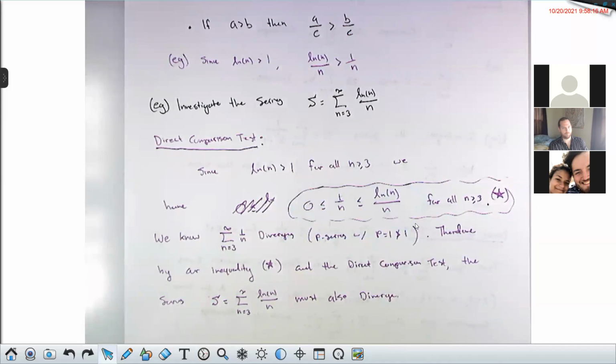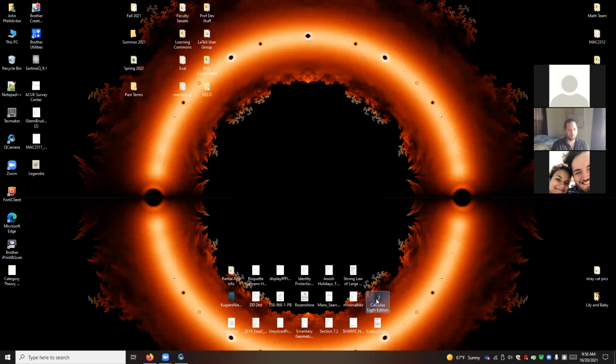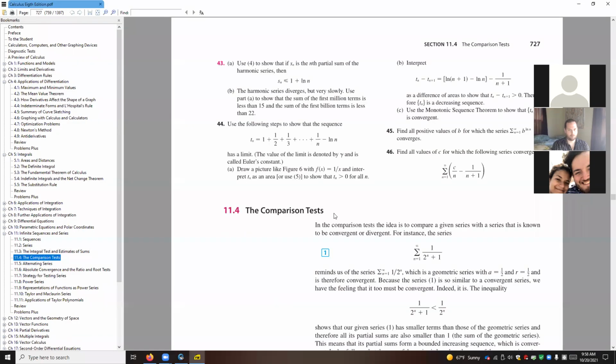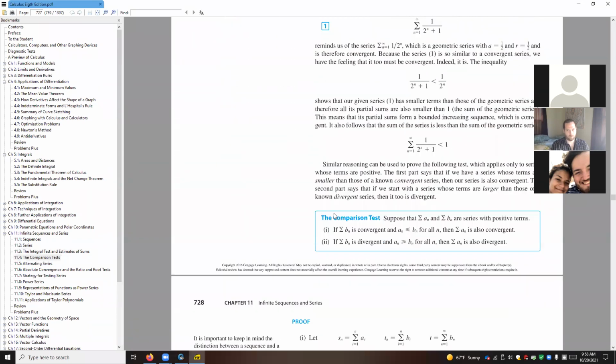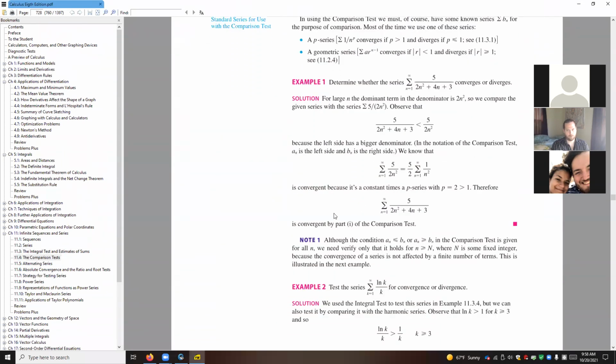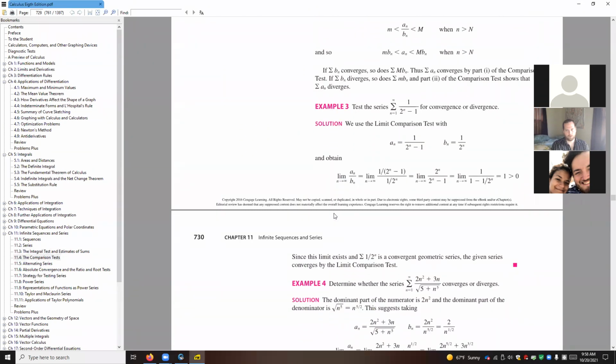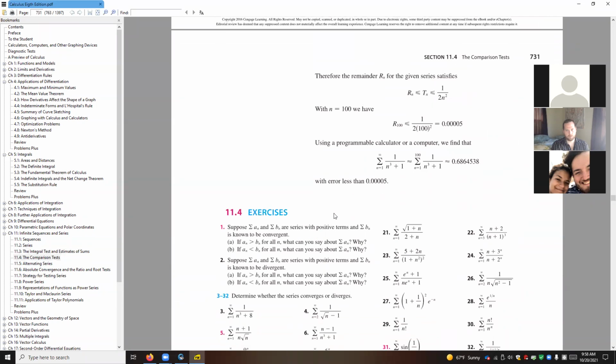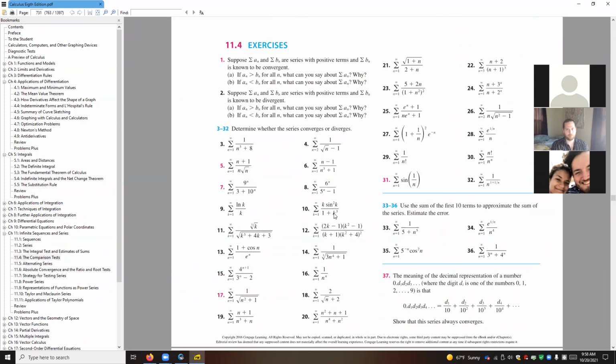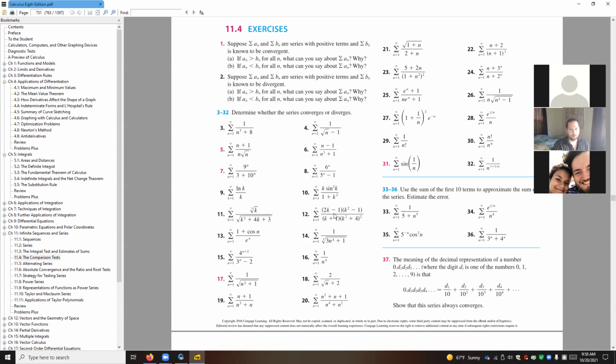Let me do one more direct comparison test problem. I'll yank it out of the book here. It's the classic. Also classic. Before we go to that, let's try something a little more fun. Okay. Something challenging.